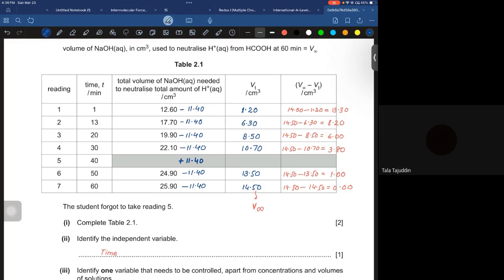Can you tell me 11.40 plus 2.20 would be what? 13.60. So if this is 2.30, or this was 14.5.